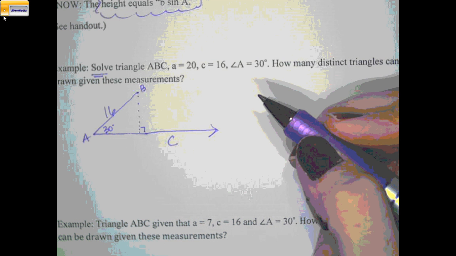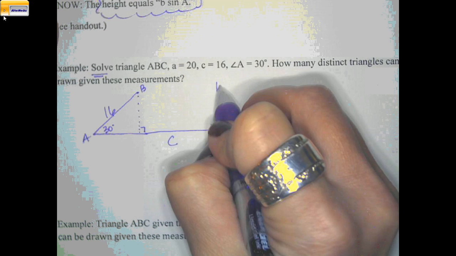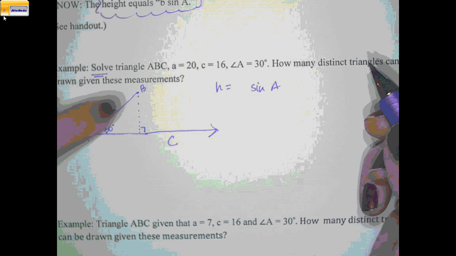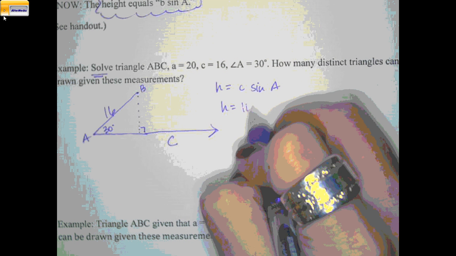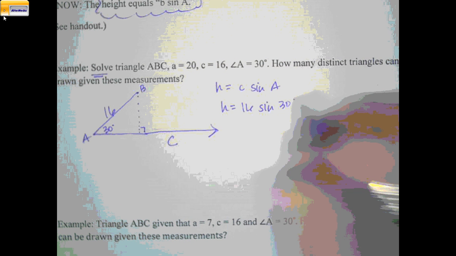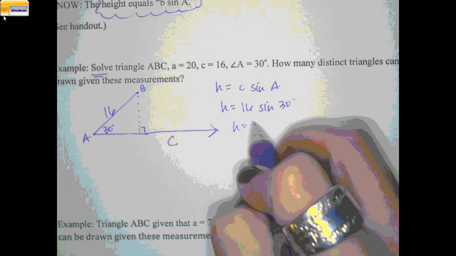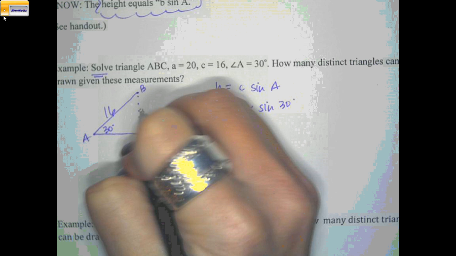I need to know the height of the triangle so I can determine how many triangles I'm going to have to solve for. So height equals, normally we say B sine A. Is this called side B? It's C this time. So height equals 16 times sine of 30 degrees. Sine of 30 is a half. Half of 16 is 8. So the height is 8.